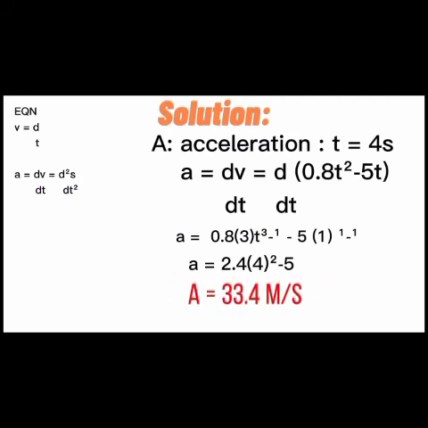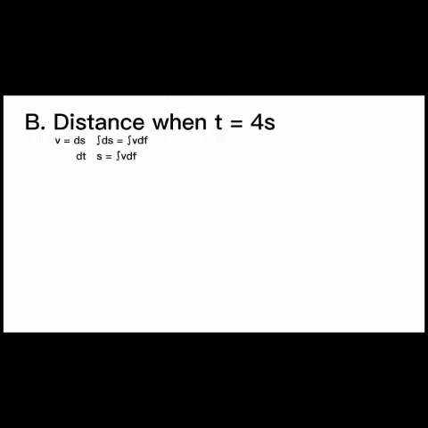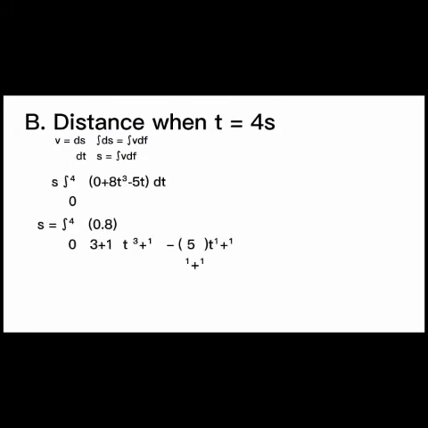And for the next required is distance when t is equal to 4 seconds. So since v is given, we will use this one. V is equal to derivative of s over derivative of t, and let's derive this one using the integral of ds is equal to integral of v dt.